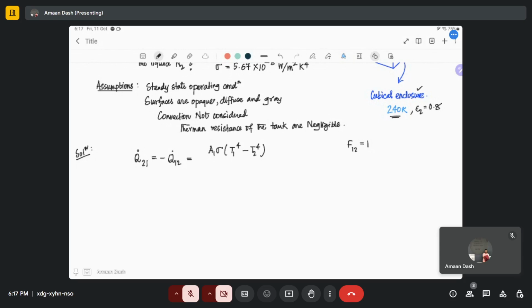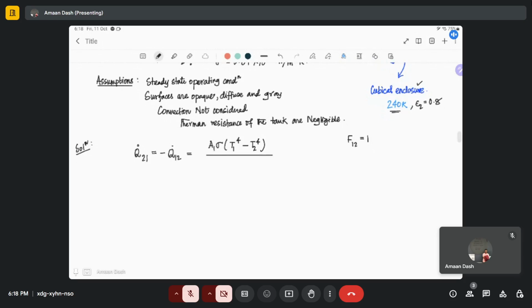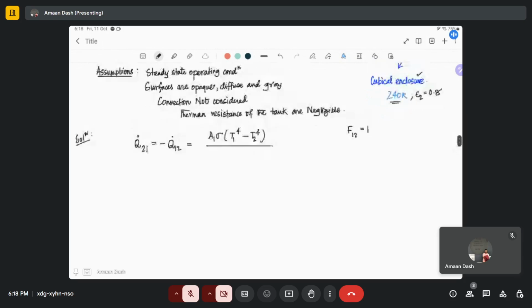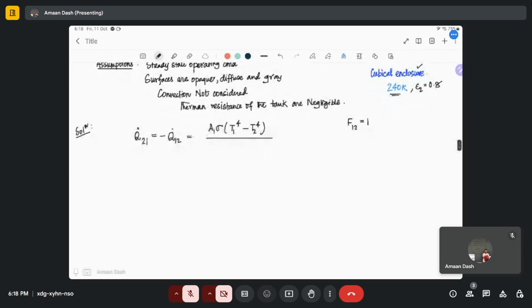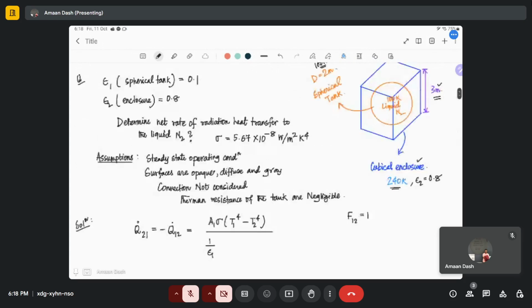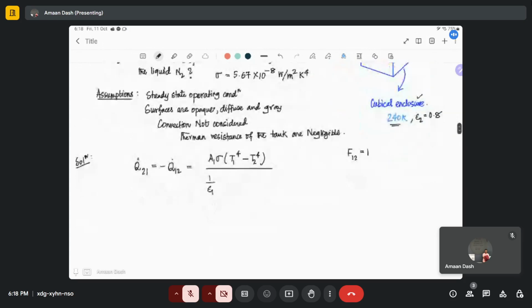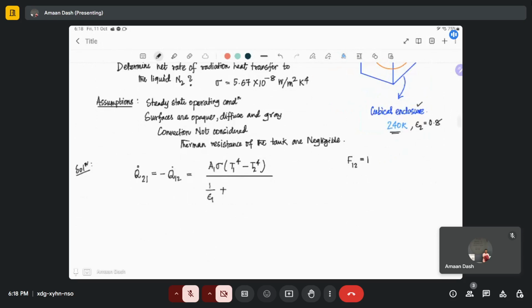All the radiation emitted from the spherical tank will go to the enclosure, and none of the radiation emitted by this spherical tank will come back to itself, because it is a convex surface.